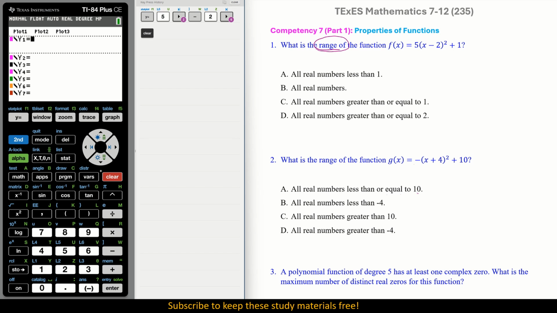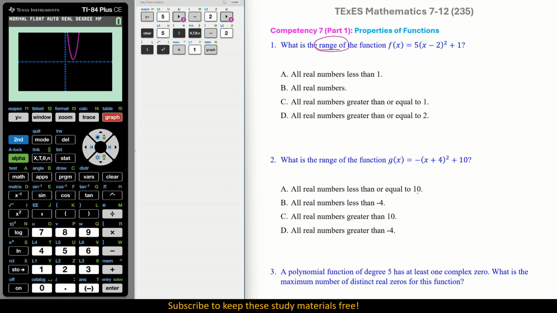When you're typing over something, be careful. I just got rid of it all, so let's just retype. Notice I'm typing it in exactly as we see it, and I can use my x squared and plus 1. Now, let's graph this.